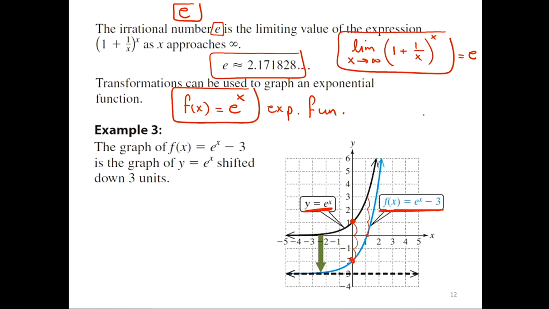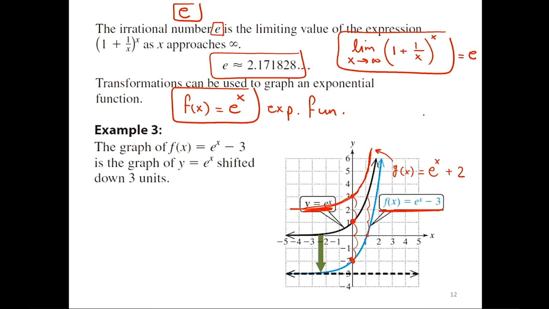If we have, for example, g of x equals e to the power x plus, for example, 2, this is shifting up by 2 units. So we have 1, 2. This is the value of g of x.